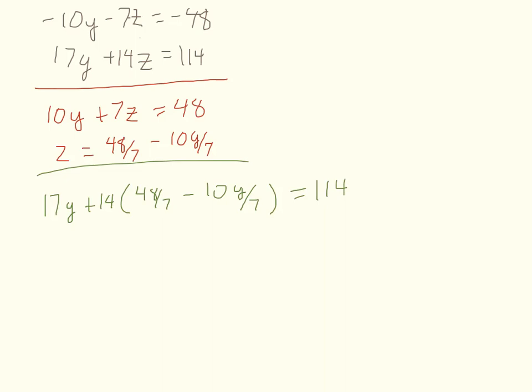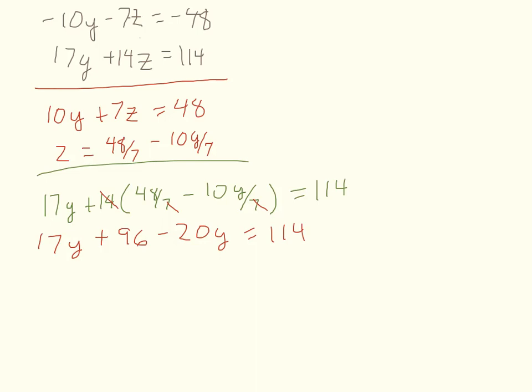Okay? So we can see something pretty simple. The 14 and the 7s are going to cancel out. So 14 and 7 gives you 2. So I'm adding a 96 here. And the 14 and the 7 gives you 2. So I'm subtracting a 20y there. And that's 17y equals 114.